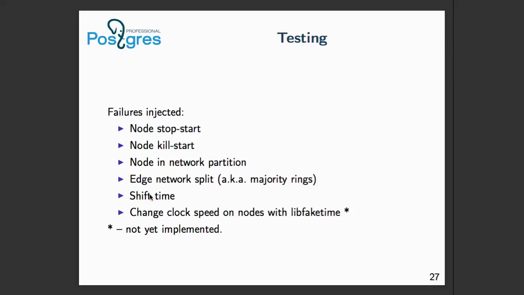do a partition. Also, quite important case that's called majority rings. It's just a network split between two, removing an edge on a graph of connectivity, in such a manner that each of the nodes sees a majority of the cluster, but there is one connection that isn't working.